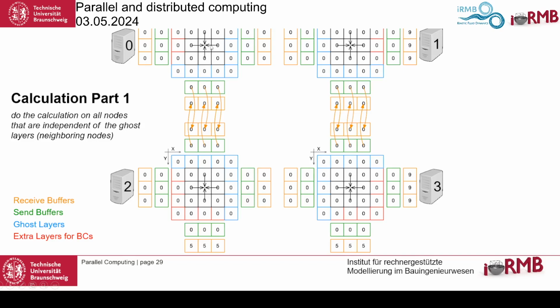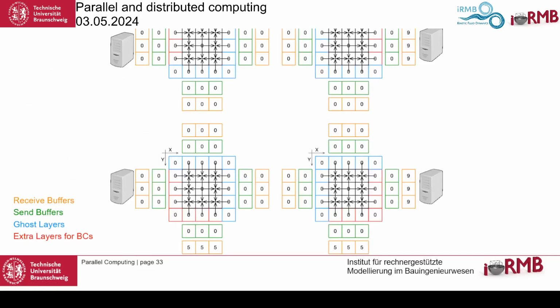The inner work will be very small here, while the outer work is large, which happens when your domain decomposition is too small. You have one inner node and 8 outer nodes, so the second part of the work will now take much longer than the first part. But this is not the idea.